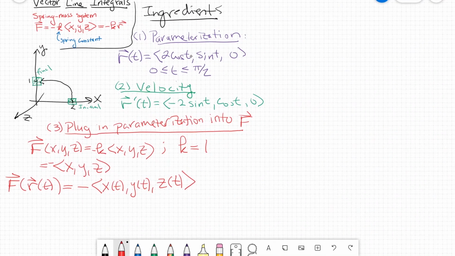Well, these come from the parameterization. So we'll plug in for x of t, the x component of our parameterization, y of t, the y component, and z of t, the z component.